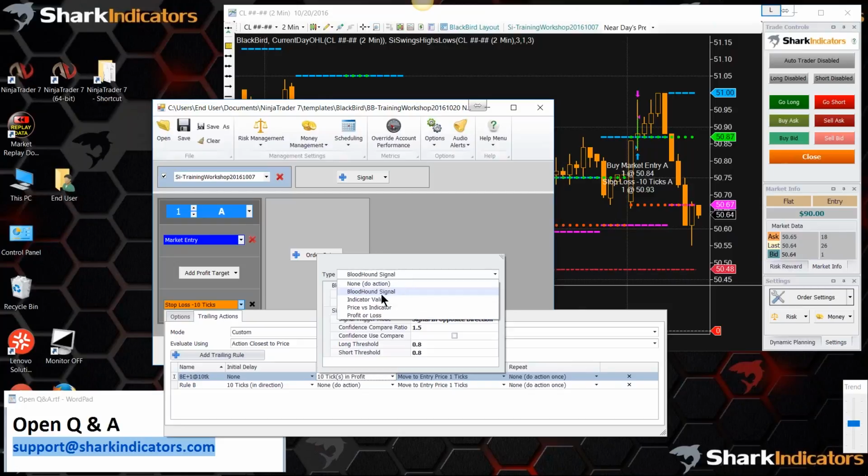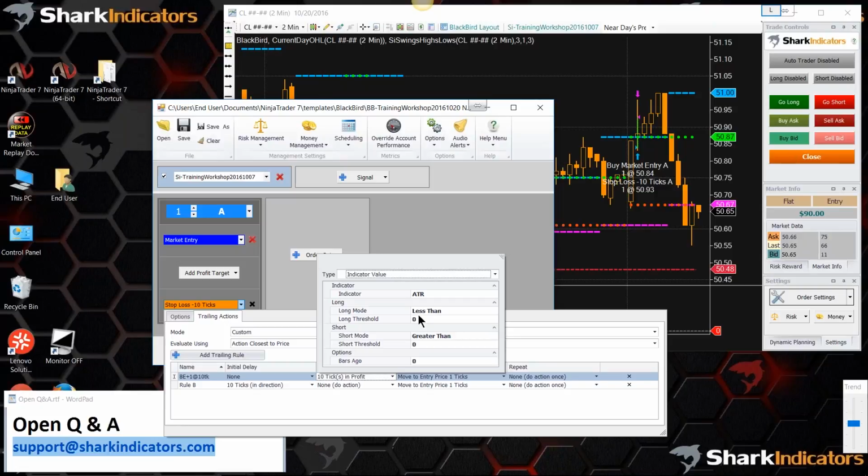All right, so there you go. Bloodhound's probably the most powerful trigger event on there. But then there are some simple indicator type of triggering events. BlackBird does not get very advanced with indicator logic. That's not its purpose.